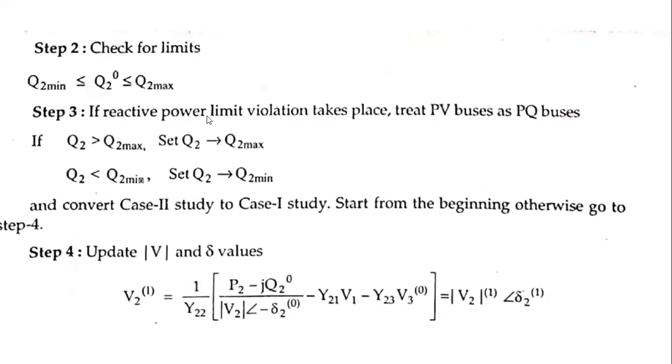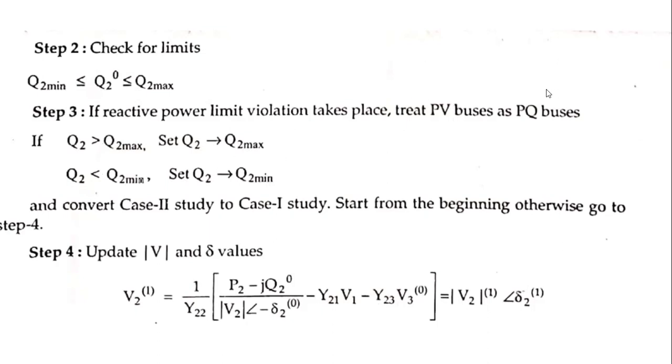Normally Q2 minimum is less than Q2. If Q2 is greater than Q2 max, Q2 is set to Q2 max. If Q2 is less than Q2 minimum, Q2 is set to Q2 minimum.